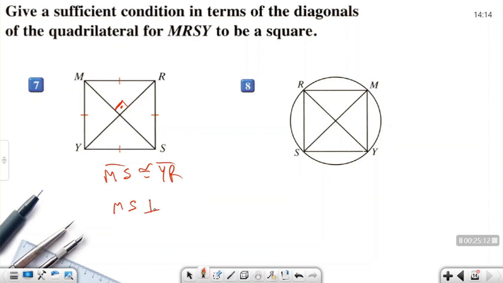MS must be perpendicular to YR. So they must be perpendicular to each other. So that's all. Right angle.